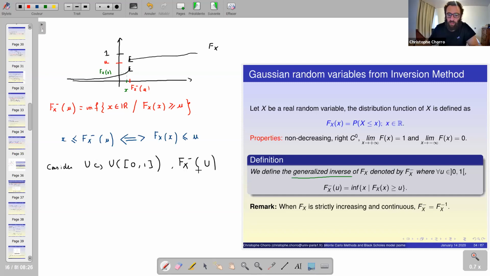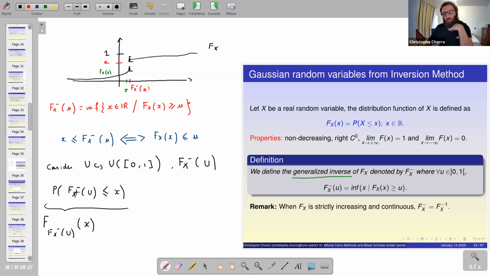And if I want to find the distribution of this one, it's a classical thing you have probably already done in a course of probability. If I consider the probability, in fact, what I consider is the distribution function of the random variable F_X^-(U) at the point x.